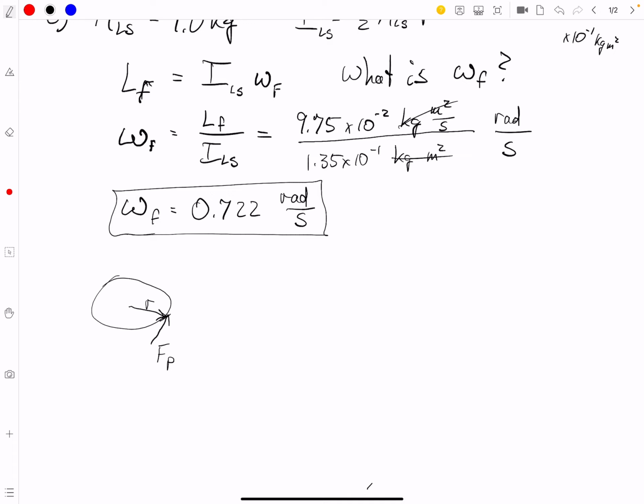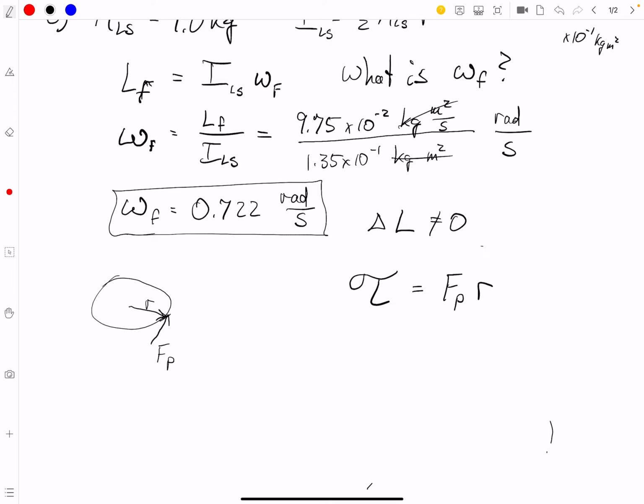Now, conservation of angular momentum did not happen. Why is delta L not equal to 0? It's because we supplied a torque in the form of a force of the person times the radius. So that did not equal 0. So we did not show conservation of angular momentum here.